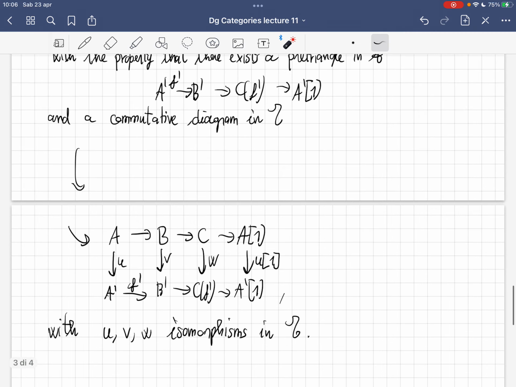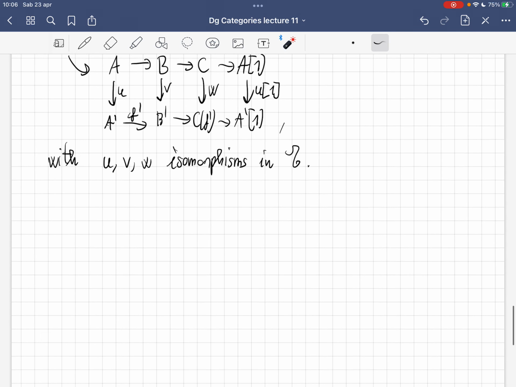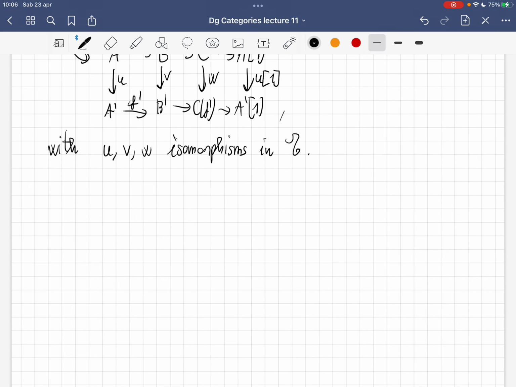Okay, so we have these shifts, and these so-called distinguished triangles, which are essentially the pretriangles, but we also allow sequences which are isomorphic to them. Then what we're going to do is prove some properties of these triangles, which have some axiomatic names, and at the end I will explain more.